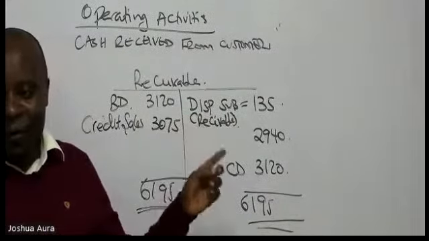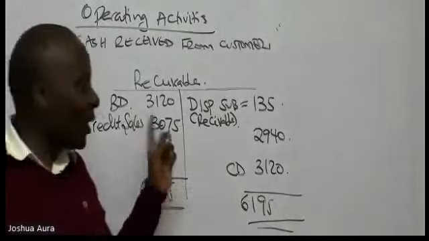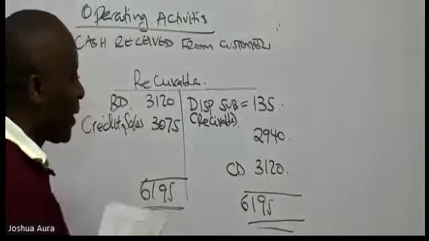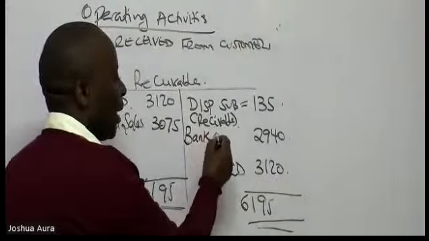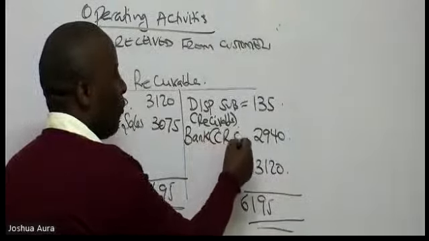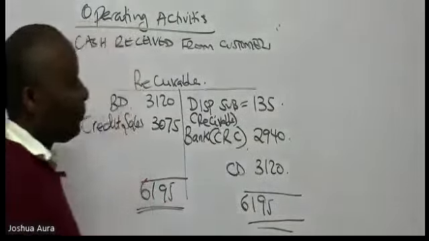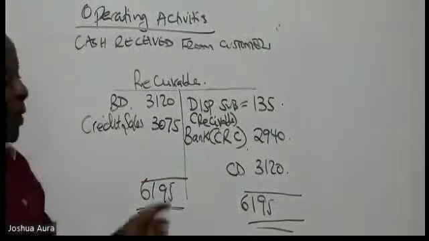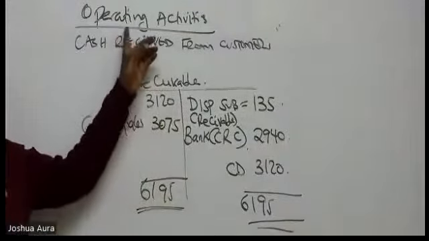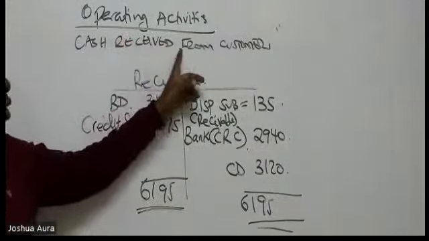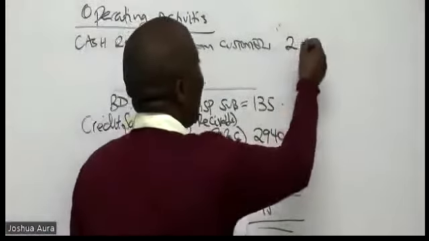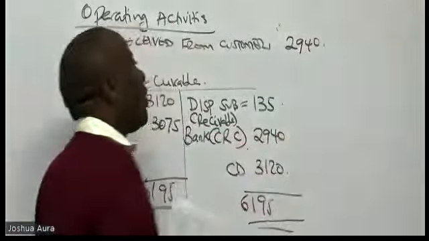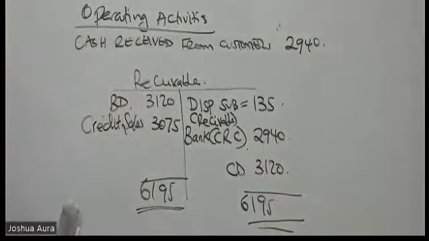Cash received from customers. So this is what we shall take to our operating activities under cash received from customers. So cash received from customers is 2940.